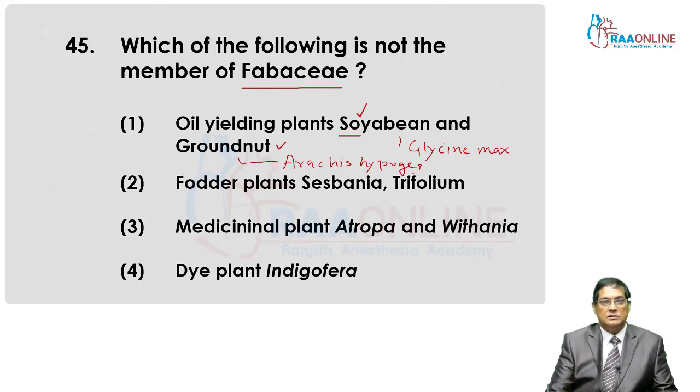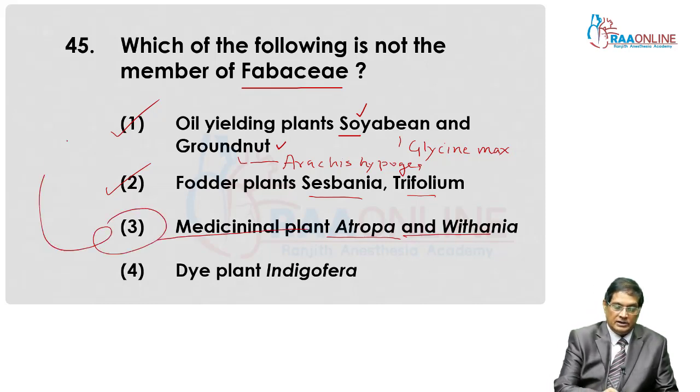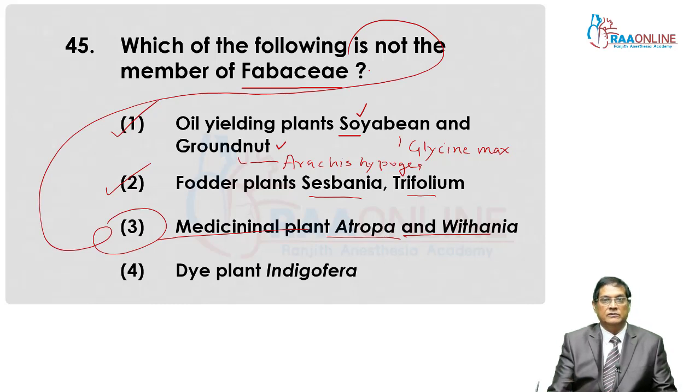These are members of family Fabaceae. Sesbania and Trifolium are members of Fabaceae. Atropa and Withania are medicinal plants of Solanaceae, and this question's answer is that these are not members of family Fabaceae.